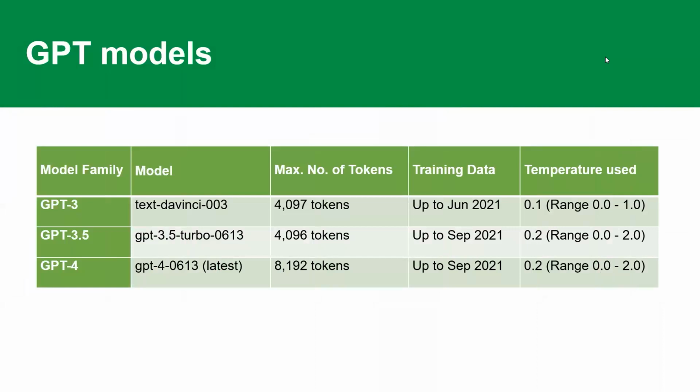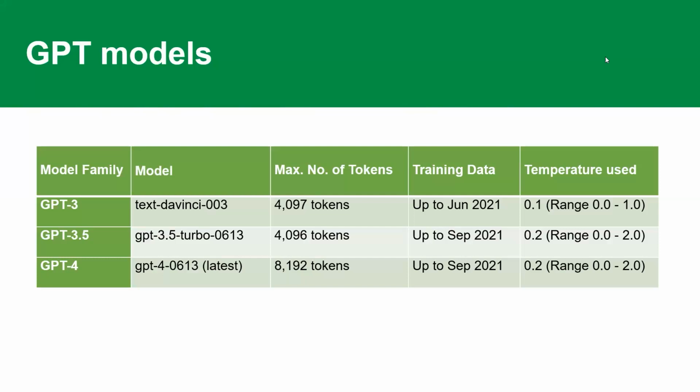So you may have heard the name ChatGPT, or you may have also used ChatGPT. GPT is basically the AI model behind ChatGPT. However, it can do a lot besides generating human-like text. It can do classification, it can do question answering.